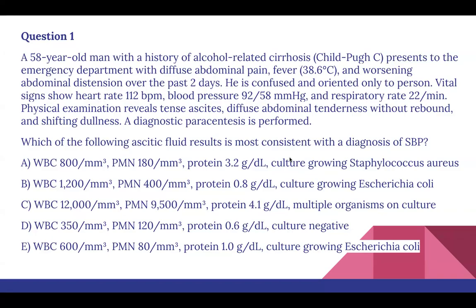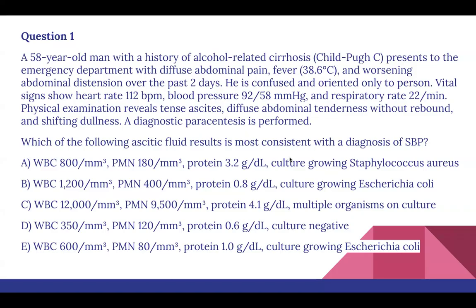Vital signs show heart rate 112 beats per minute, blood pressure 92/58, and respiratory rate 22 per minute. Physical exam reveals tense ascites, diffuse abdominal tenderness without rebound, and shifting dullness. A diagnostic paracentesis is performed. Which of the following ascitic fluid results is most consistent with a diagnosis of SBP?